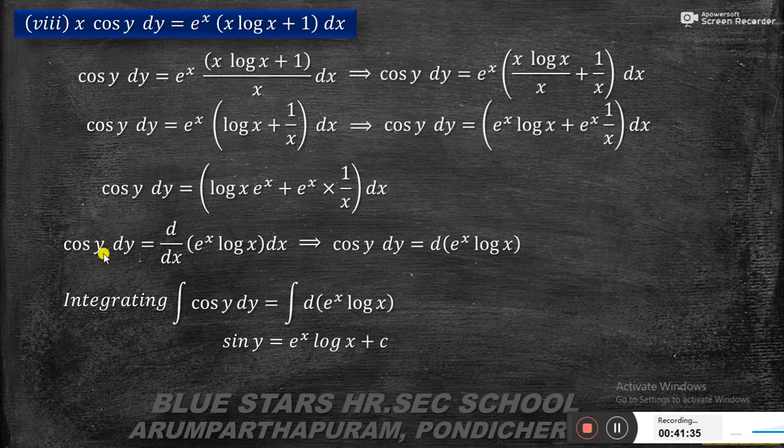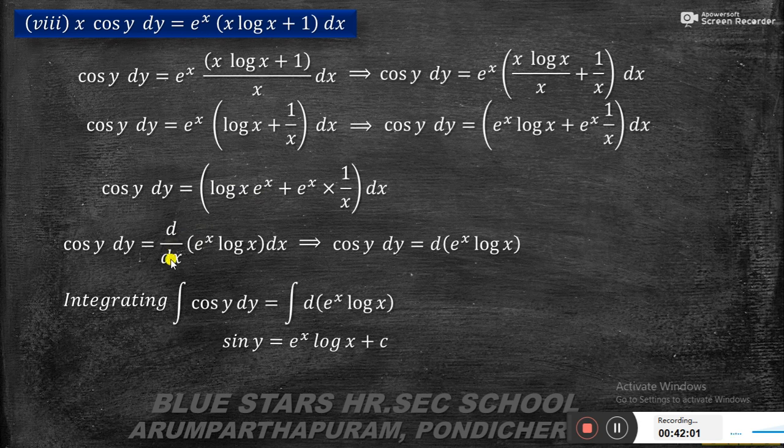So the next step, this is d by dx of e power x log x. Differentiation of e power x log x is e power x into log x, plus e power x into differentiation of log x, which is 1 by x. This answer is from the previous step, so we write it shortly.